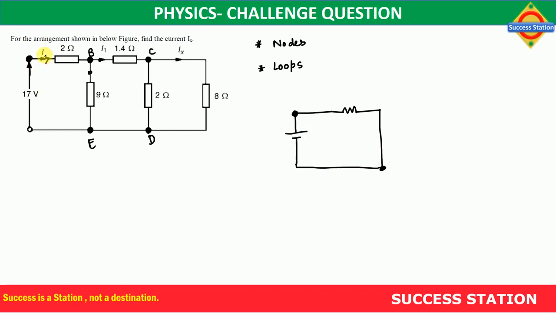As you can see, there is a hint that current is going in this direction, so obviously positive to negative. So I draw this, then this resistance and this wire are joined over here. This becomes a node, this becomes a node. So this is the definition of node. Clear? Now what does the node say?